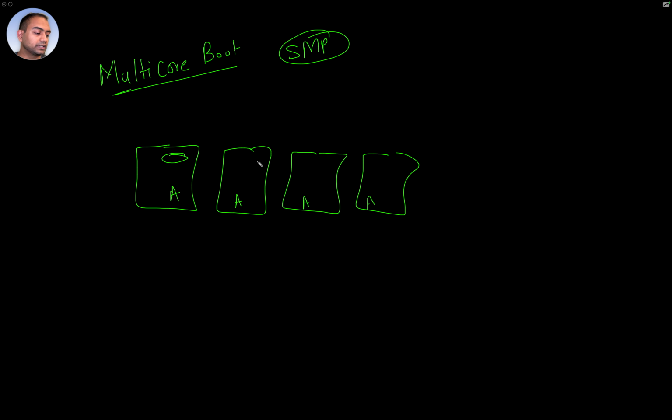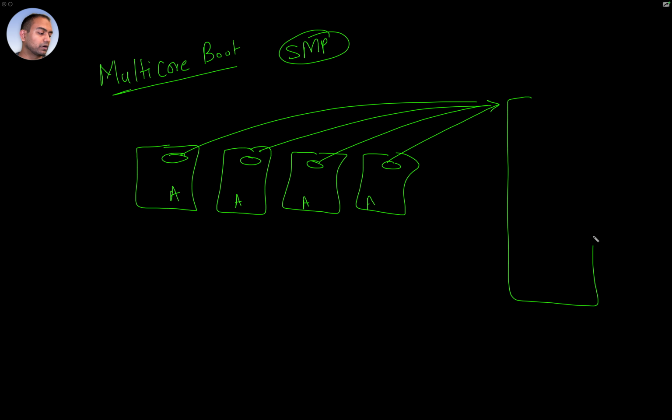What will happen is each of their program counters will point to the exact same memory location. And now each one of them is going to fetch exactly the same instructions and do the processing.